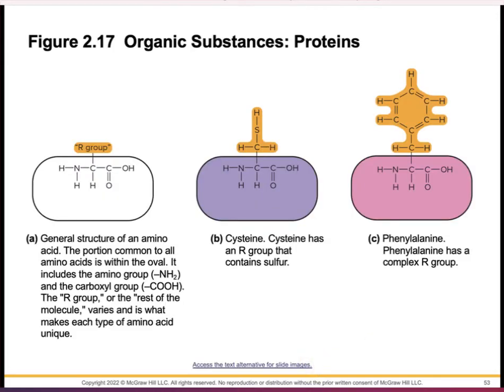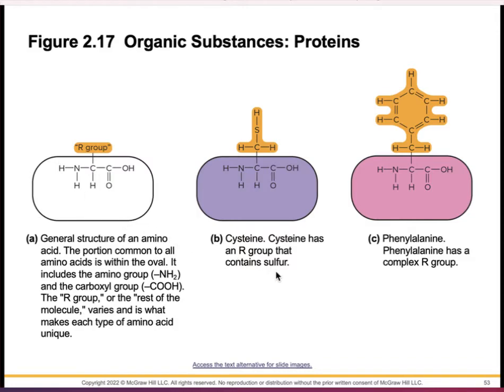So let's look at figure 2.17. Part A is just going to be a general structure of an amino acid. The CH group is bonded to an R group. The portion common to all of our amino acids is within the oval. Okay, so within this oval is very common in all of our amino acids.